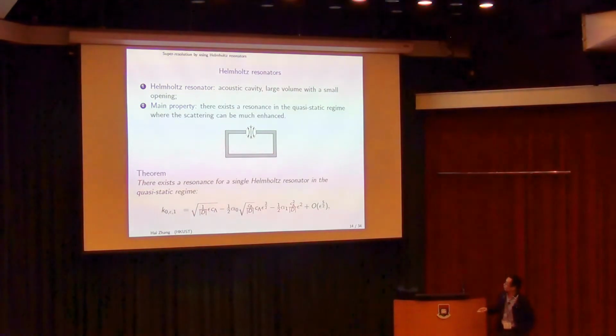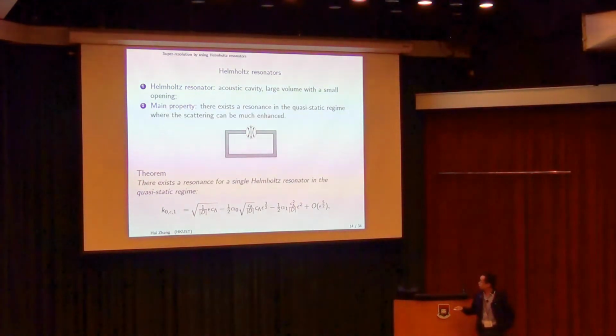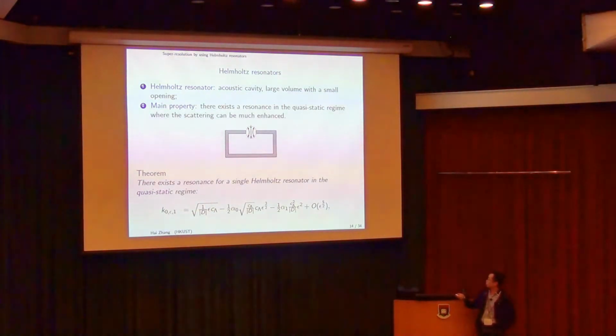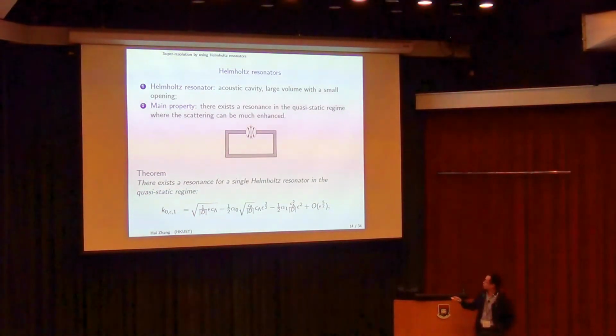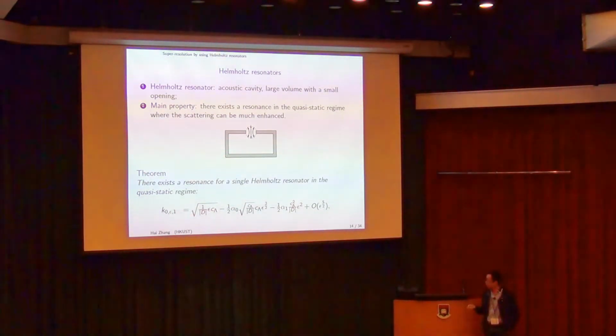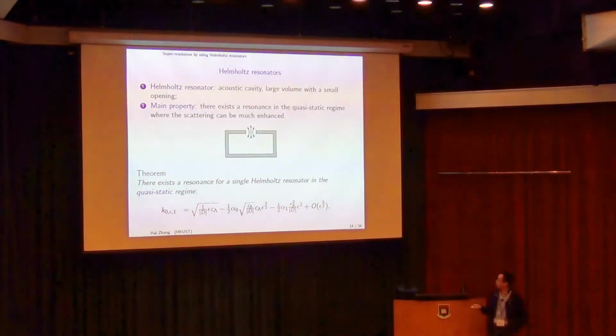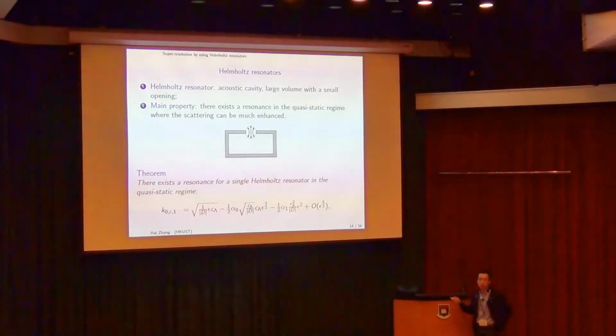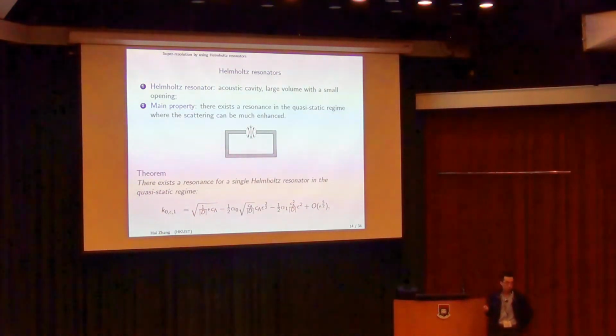Actually, we can show that the resonant frequency is proportional to the square root of epsilon, where epsilon is the size of these openings. Because of this result, the Helmholtz resonator is a subwavelength resonator, because this is a low-frequency resonance. The wavelength is much greater than the size of the resonator.